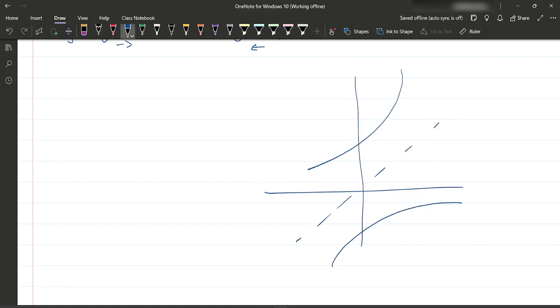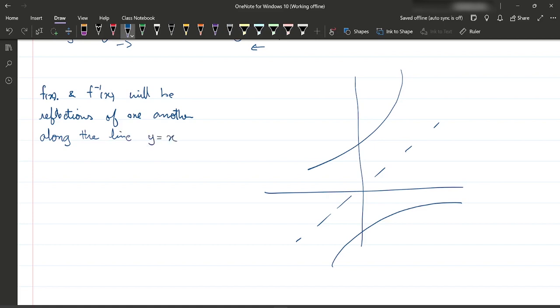So f of x and f inverse of x will be reflections of one another, and that is along the line y equals x.